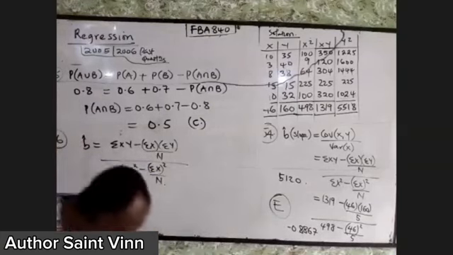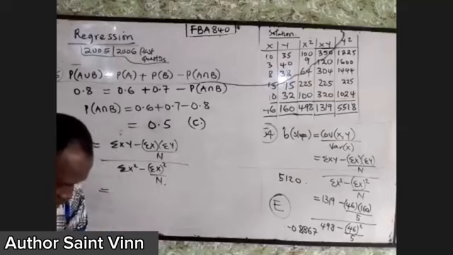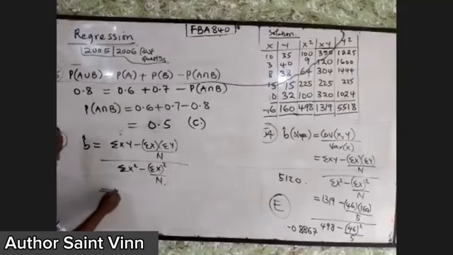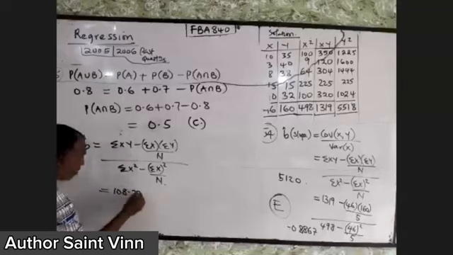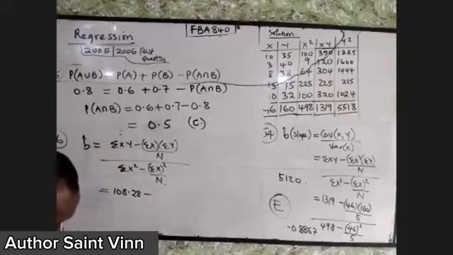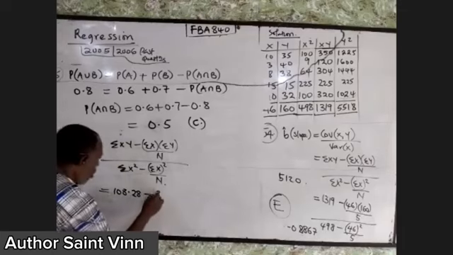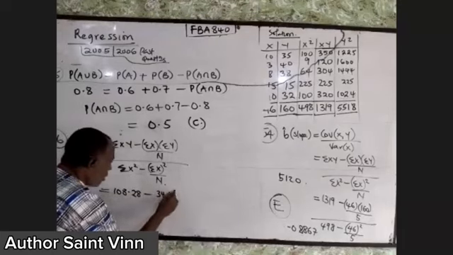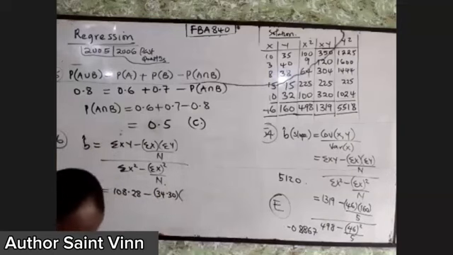The question gave us summation of xy, which is 108.28, summation of x, 34.30, and summation of y.